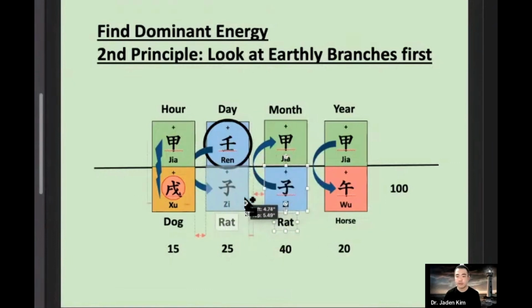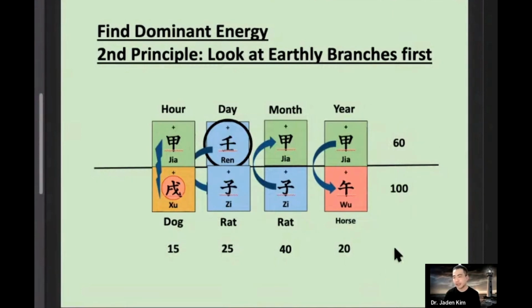If I change this tiger to the rat, now it becomes maybe a strong chart again because it takes almost 65%, and those two take 35%. But because we have to think about the heavenly stem as well, now I don't know. I will say strong chart, strong water, but it is possible to be a weak chart very easily.